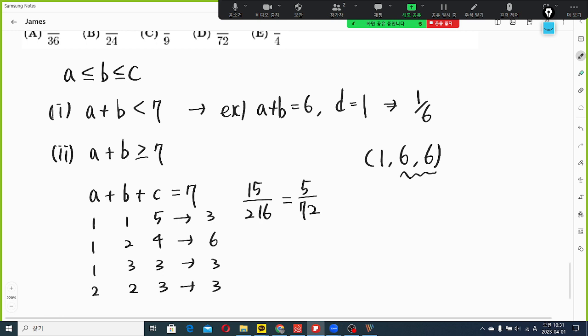So the probability for getting the sum of 6 out of 2 dice is 5 over 36. And this probability is greater than 5 over 72. So if the first roll has these triples, Jason will redraw 2 dice instead of 3, because the probability from 2 dice is greater than the probability for throwing 3 dice.